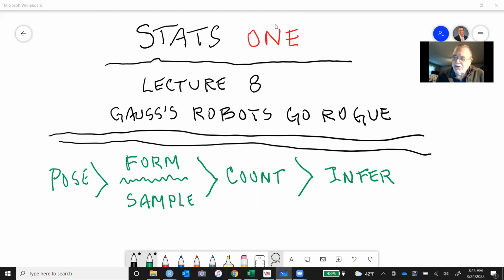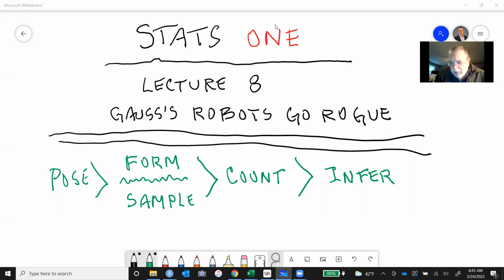Look at how we're changing this. Form and sample. I put sample after form. Forming hypotheses often is done in concert with sampling, especially in non-experimental settings. And the non-experimental setting we have here is observations of sales.